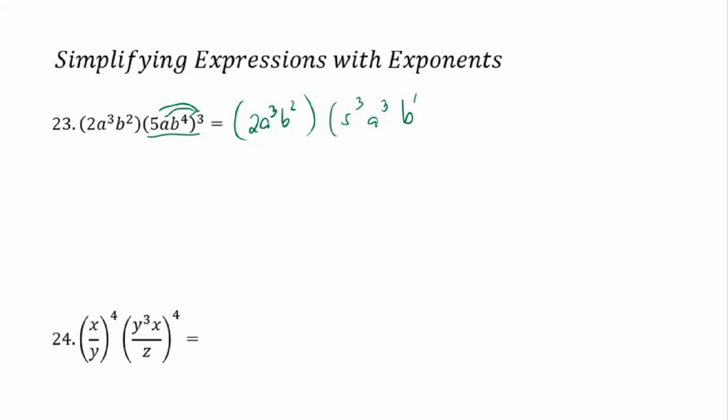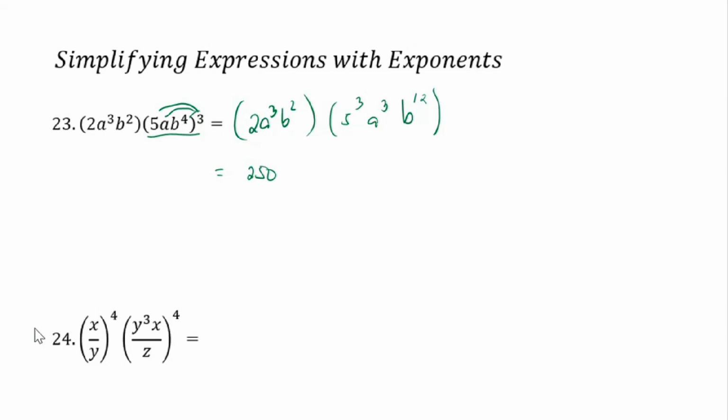Multiply. We have b to the 12. All right, so we have to multiply now the numerical coefficients. We have 2 and 5 cubed, but 5 cubed means 125. So 125 times 2 becomes 250.